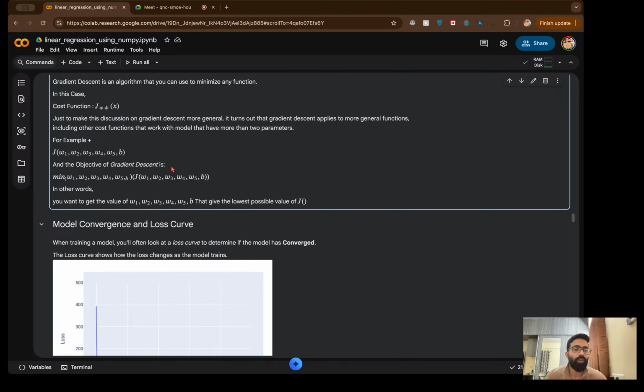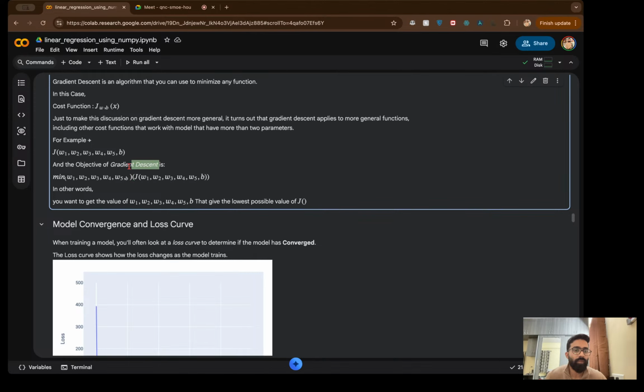And the objective of gradient descent is to find the values of w1, w2, w3, w4, w5 and b which will minimize the value of this cost function.